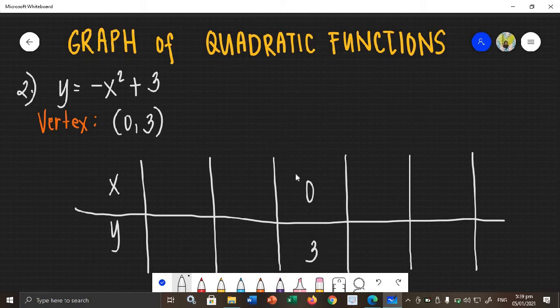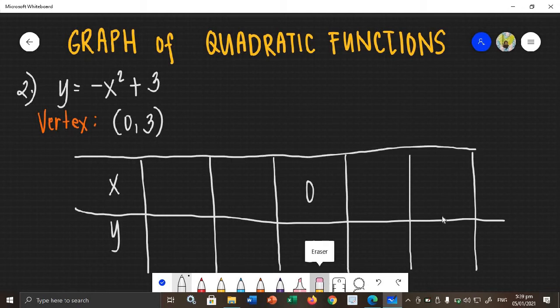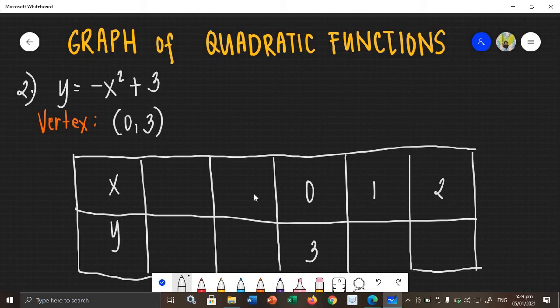Okay? And then, just like what I told you a while ago, para hindi na kayo mahirapan mag-assign dun sa other x-coordinate, yung mga numbers na lang nakatabi nung x-coordinate sa vertex nyo yung kunin ninyo. So in this case, 0, we have 1 and 2 here, and then we have negative 1 and negative 2 here.